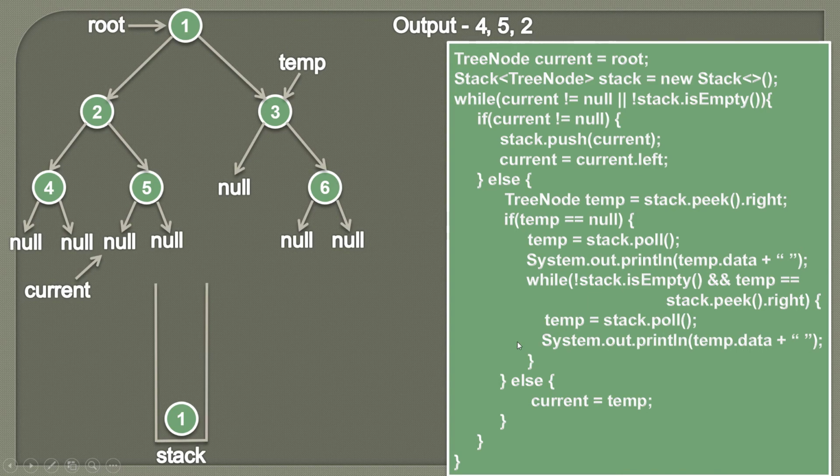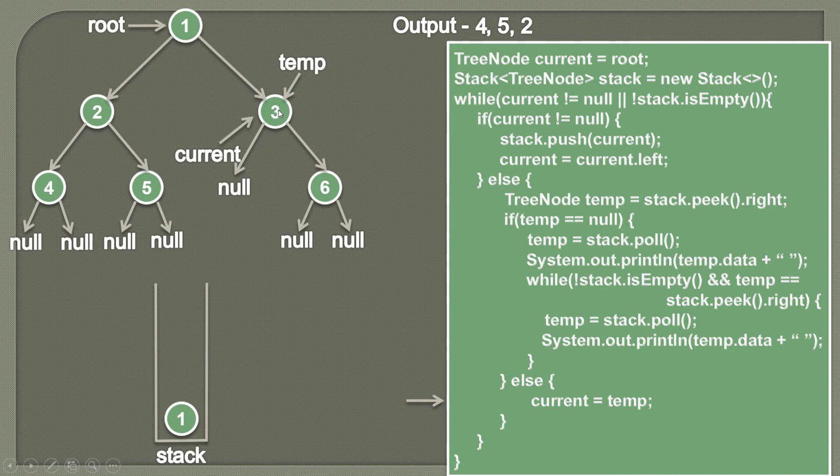So we simply go to the else part and we assign the value of temp to current. So now current will point to this node because we have figured out that there can be a possibility that 3 can have left or right children. So current will point to 3.